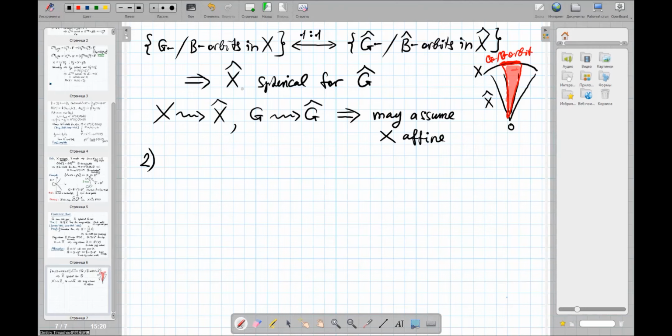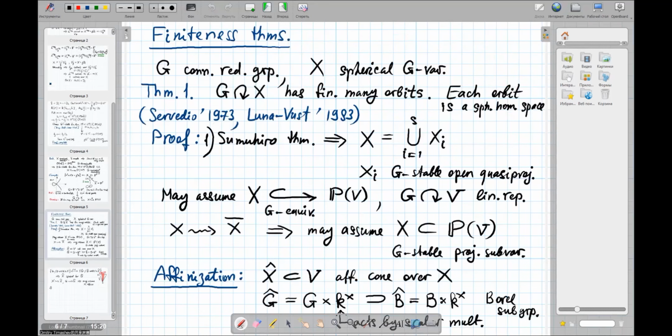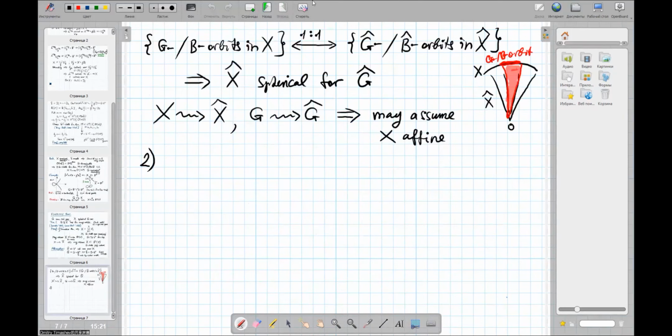No, X is a closed affine subvariety in the vector space V, because X is projective, closed in P of V, right? But X hat does not contain the origin. No, it contains the origin. Oh yeah, you are right. You are right that I made a wrong statement here.